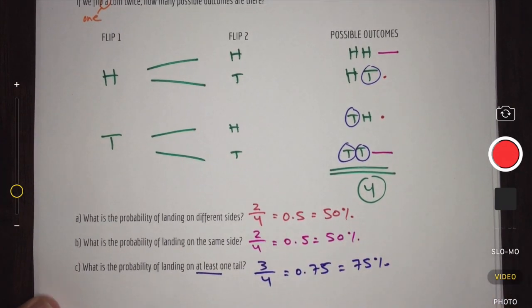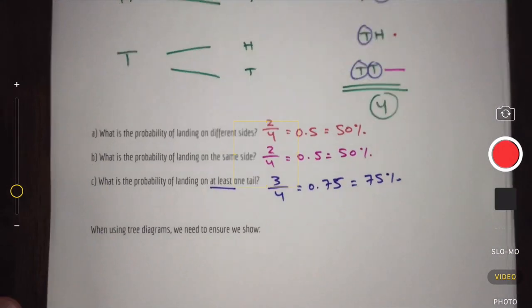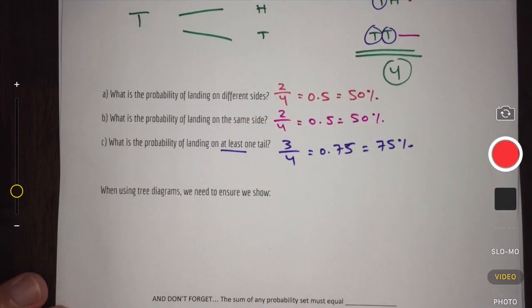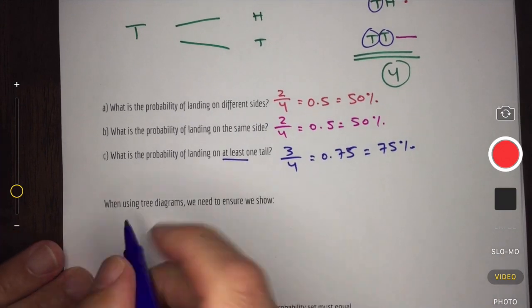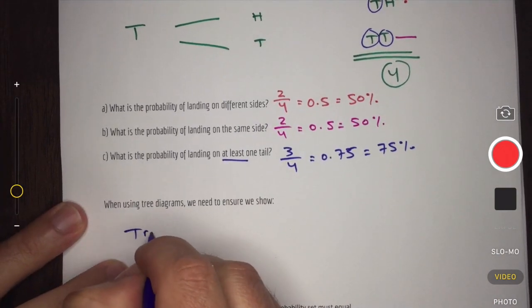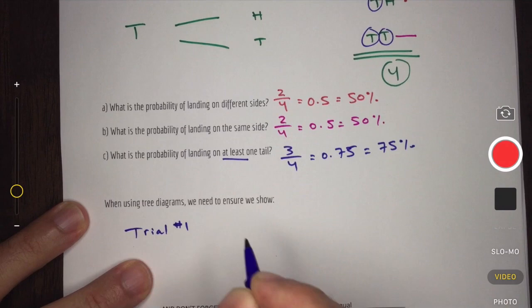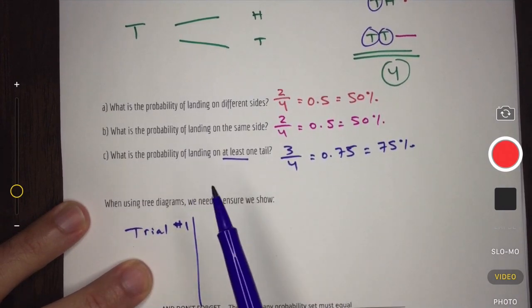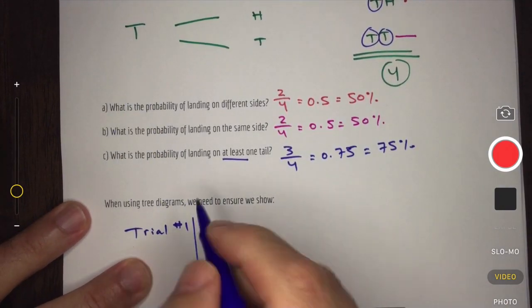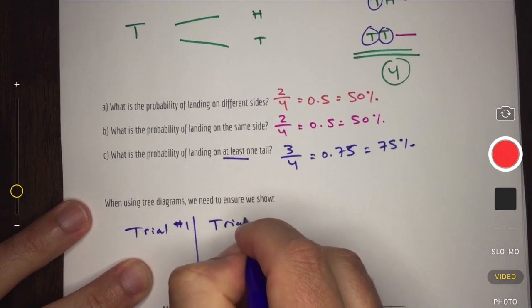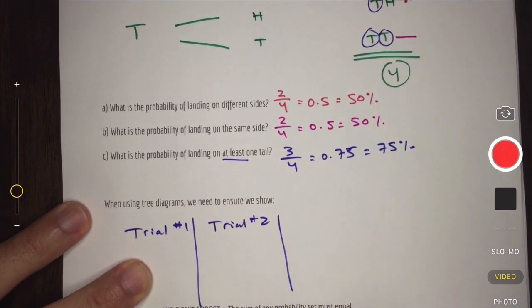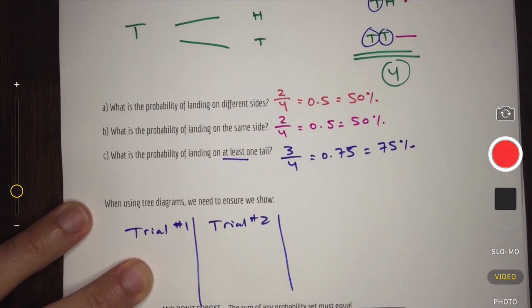So when we're using tree diagrams, we need to ensure that we show a couple of things. We need to make sure that we show trial number 1, and in this particular case above, that was flip number 1. We need to show trial number 2, which was flip number 2.